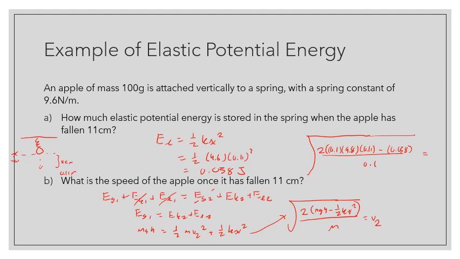That is all equal to v2. So 0.99 meters per second is equal to v2. So that is the speed of the apple once it has fallen those 11 centimeters.